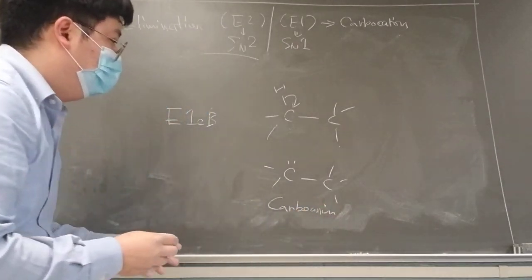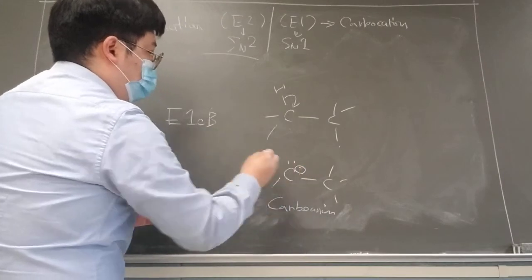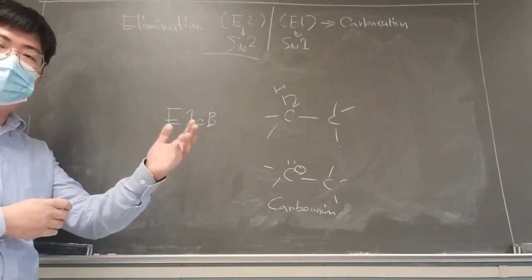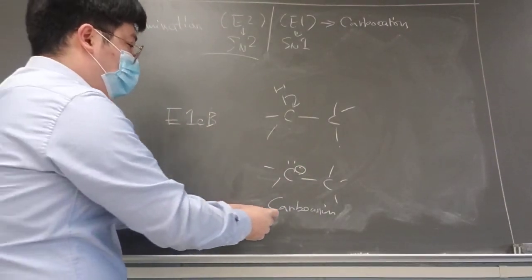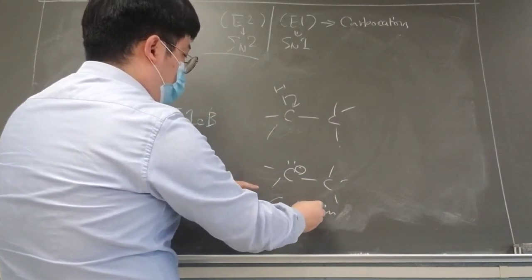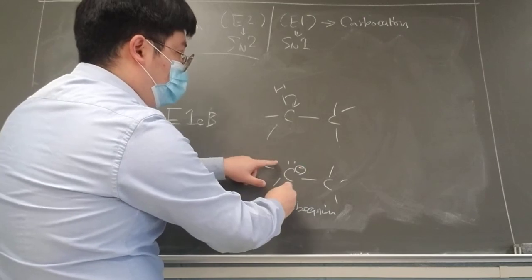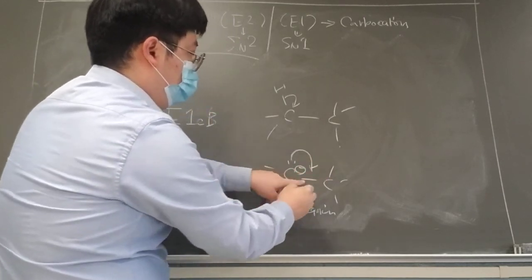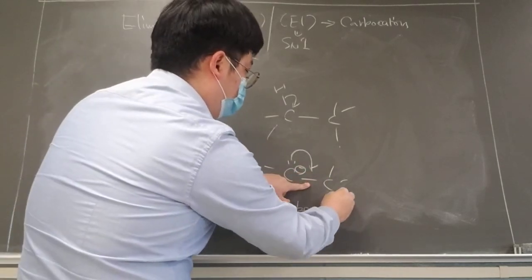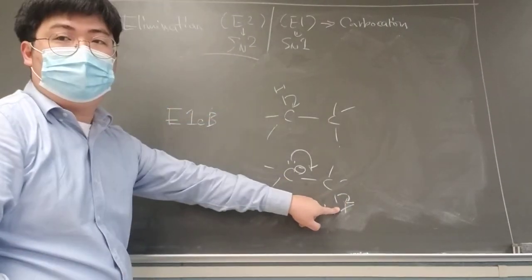Carbanion is the carbon with the negative charge, unlike the one with the positive charge, which we call a carbocation. Then they move this one to form the double bond, and then the leaving group leaves after.